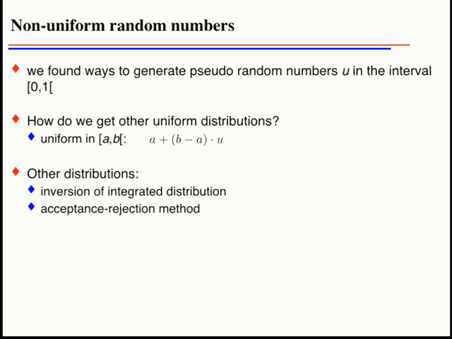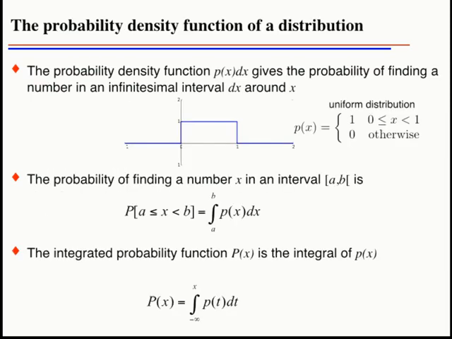But what if we want a non-uniform distribution? If we want to sample according to an exponential distribution or a normal distribution? To do so, we have two methods, and we are quickly going through them now. So first of all, a bit of definitions of probability.